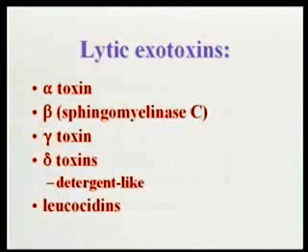Now the issue is that we don't really know how important these things are in pathogenesis. We think they are because Staphylococcus aureus is so much more likely to produce an opportunistic infection than Staphylococcus epidermidis, which doesn't make any of these things. This is an example where I said I'll talk about Staphylococcus epidermidis only because of how different it is from Staphylococcus aureus.